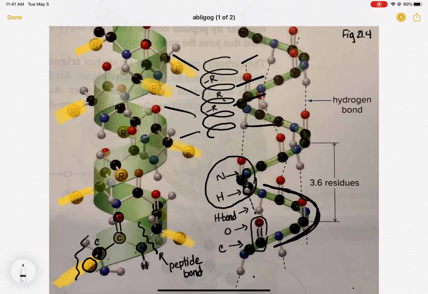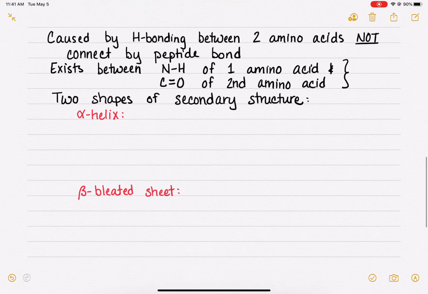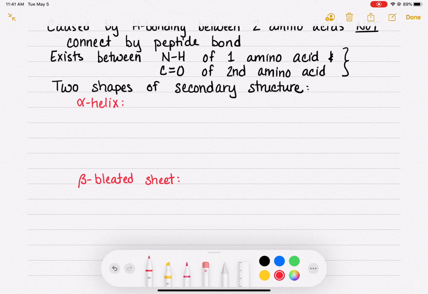They're all sticking out. So let's go back to our notes and add this information that we've got for our alpha helix. We have hydrogen bonding. We didn't count on that diagram because it's pretty hard to count individual amino acids, but the hydrogen bonding in an alpha helix is between every fourth amino acid.